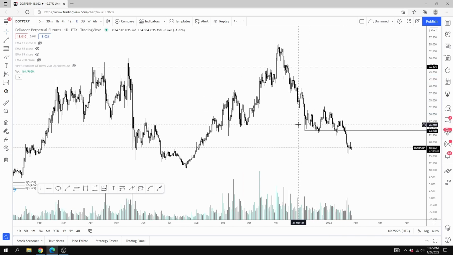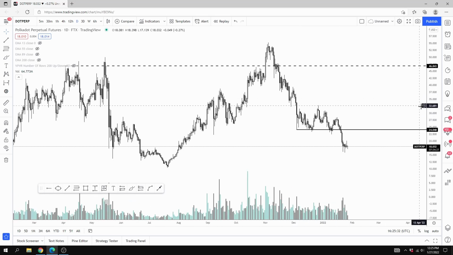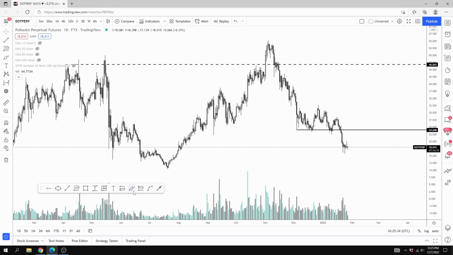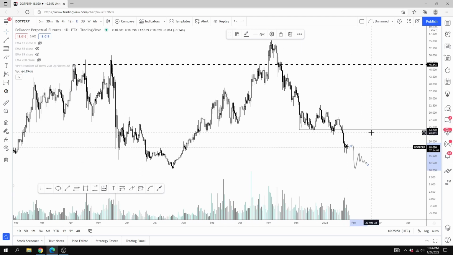I've been pretty open about that. I think there's going to be one last shakeout. I don't know where it's going to be, but I think maybe one last shakeout and then accumulation can occur. So maybe this goes down to like $10 again. I don't know. That's where it was at the July lows. I never could have imagined this being this low, but here we are.